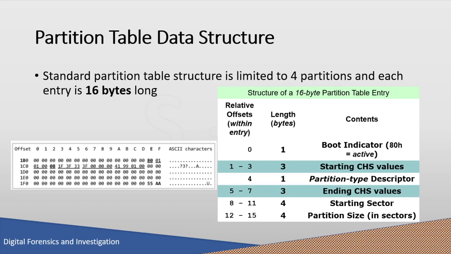When you calculate that value, you need to multiply it by 512 bytes to know the size of the partition. So these 4 bytes mean that the maximum size of an MBR partition is 2 terabytes. It cannot be more than 2 terabytes. These byte values are stored on the hard drive in a little endian fashion.